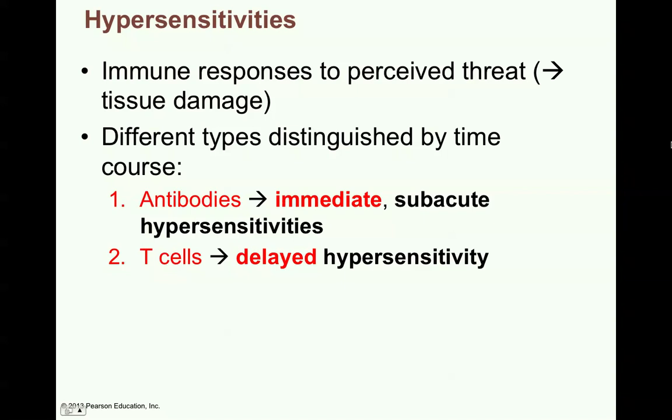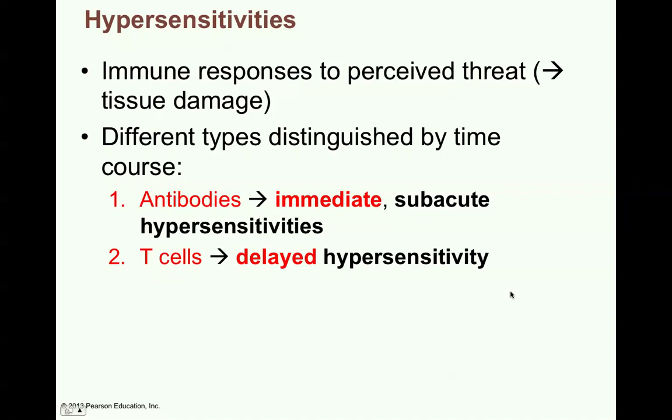Another disorder of the immune system would be hypersensitivities. This is an immune response to a perceived threat that can lead to tissue damage. There are different types distinguished by the time course. Antibodies are produced with the immediate, subacute hypersensitivities. T cells lead to what's called a delayed hypersensitivity.